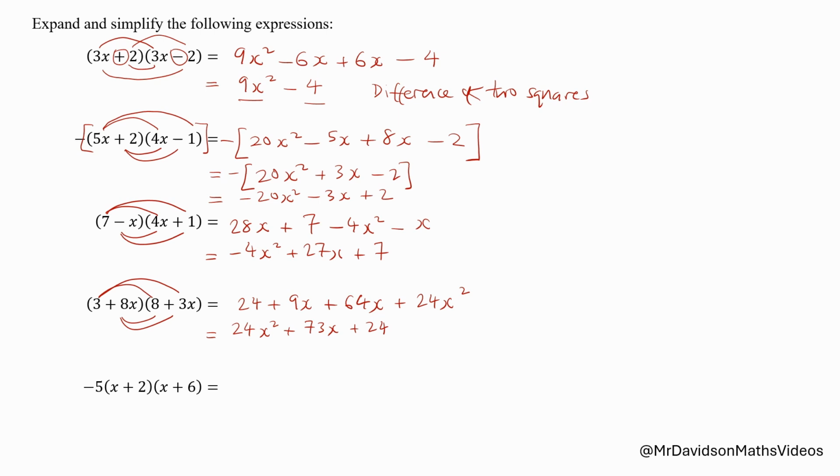And the last one here, minus 5 times the double brackets. So again, I'm going to put a square bracket around those. Minus 5 times everything inside here. So I'm just going to expand as normal. x times x, x squared. x times 6 is plus 6x, plus 2x, plus 12.